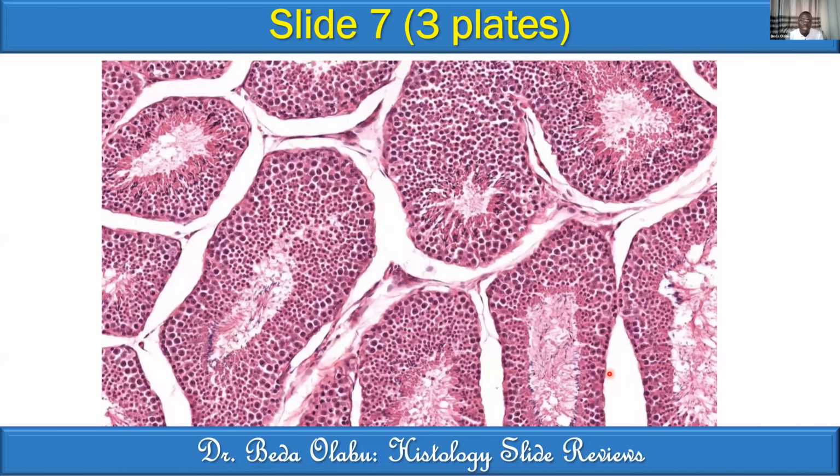Between the tubules, we have a loose connective tissue, which we call the testicular interstitium, or the testicular interstitial tissue. And this testicular interstitial tissue contains some cells. Remember, we call them the interstitial cells of Leydig. These interstitial cells of Leydig are the ones that produce the androgens.